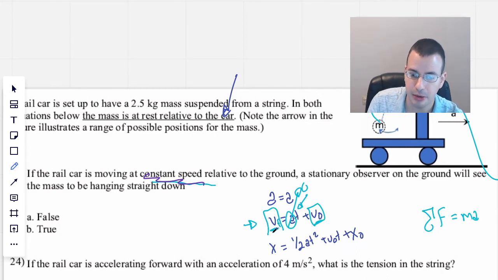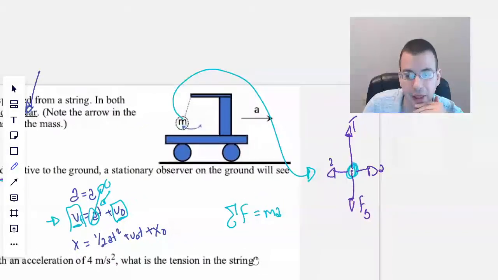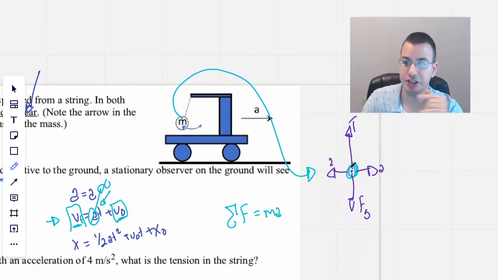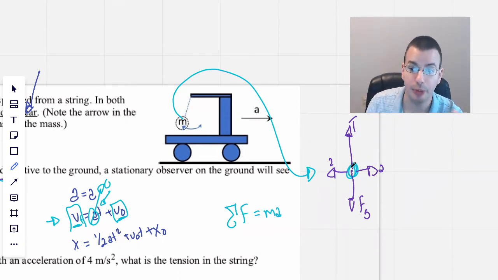Constant speed, as you can see through kinematic equations, means acceleration is 0, and therefore the acceleration to left or right, horizontal, will be 0.